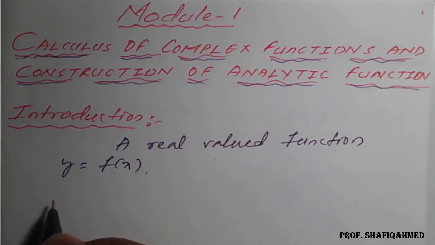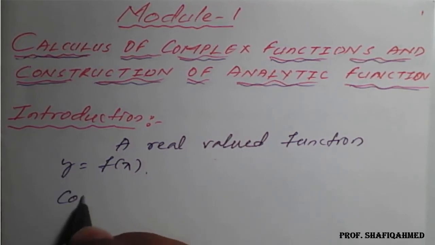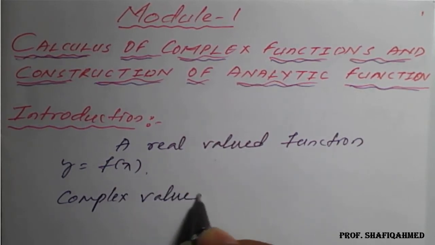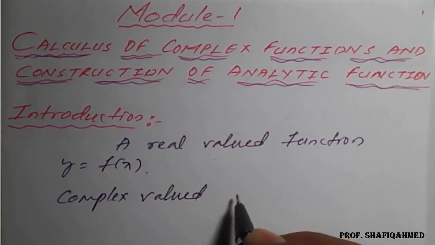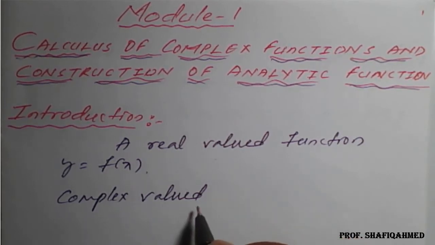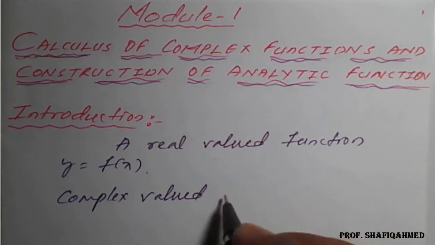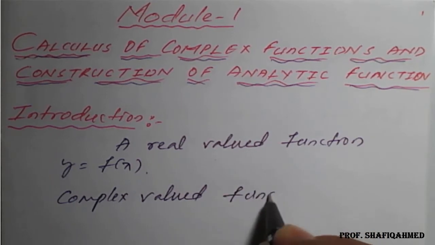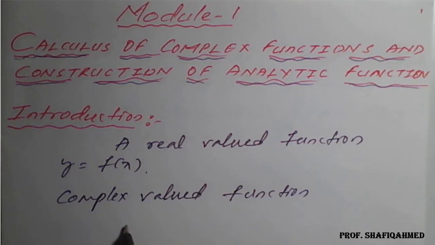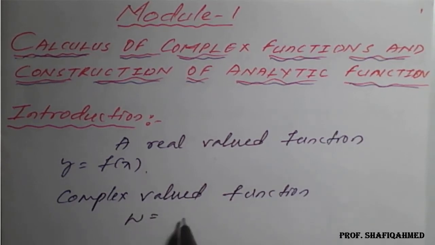Here we'll introduce what here? Complex valued function, or complex value number also we can consider here. So complex valued function is nothing but we are going to introduce as w is equal to f of z.